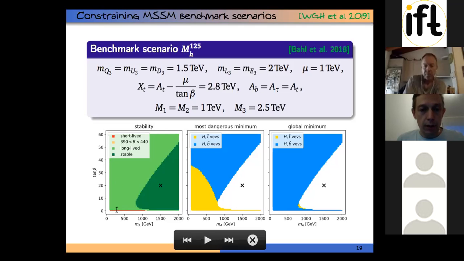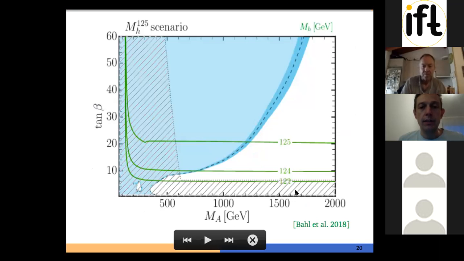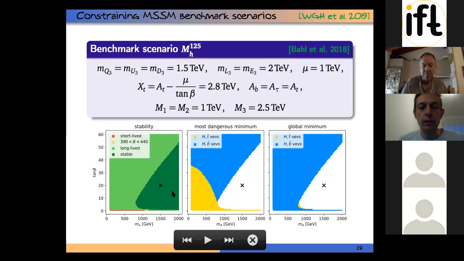And the red and orange, which is the small strip down there, correspond to short-lived vacua, and somehow in this intermediate region, which are these few dots at the end of the strip down there. So for this benchmark scenario, I would say we don't really have to care about short-lived vacua because they are anyways in the excluded area.